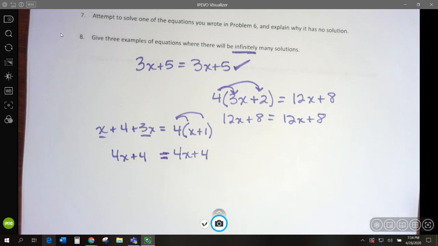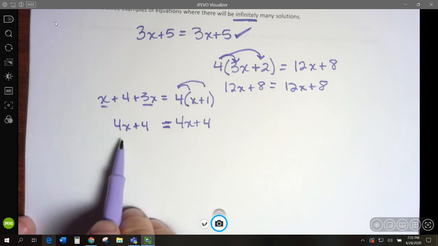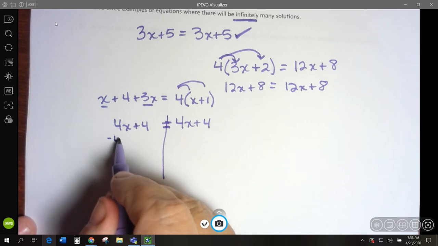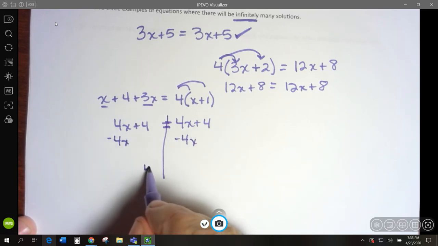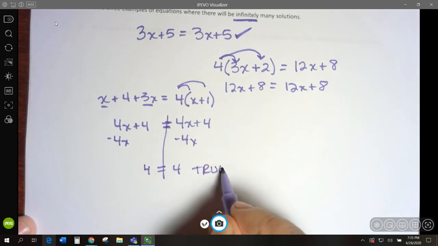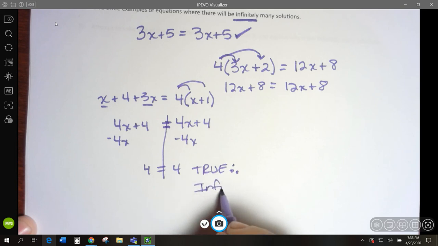We know it's infinite solutions, but let's go and finish solving it. So we need to get rid of our variables on both sides, the 4x here and the 4x here. We end up with 4 = 4. We know that this is true. 4 does equal 4. Therefore, we have infinite solutions.